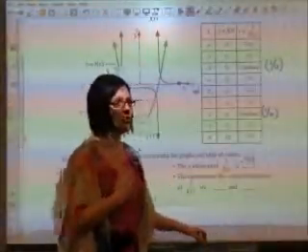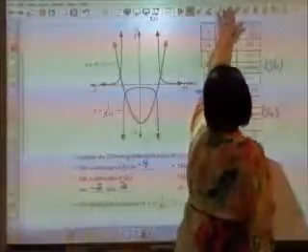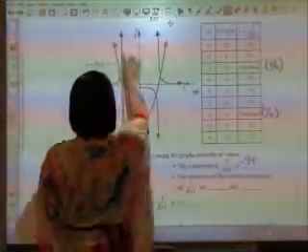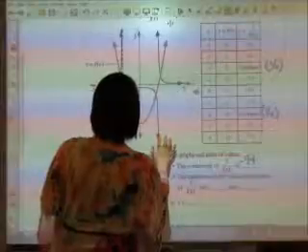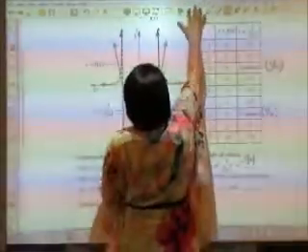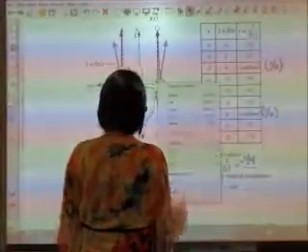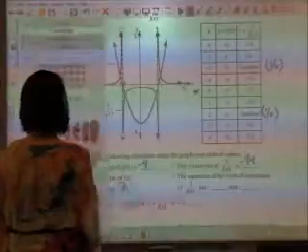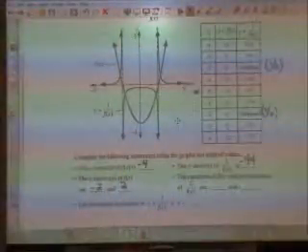And in the reciprocal function, I get these vertical asymptotes again. I get these imaginary lines, which we can draw in as a dotted line. And this is what those dotted lines look like.